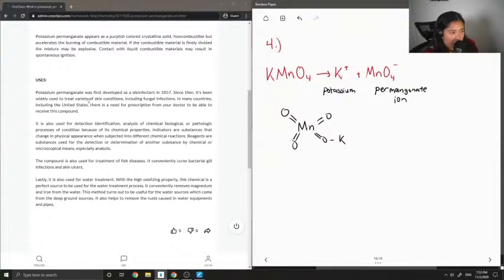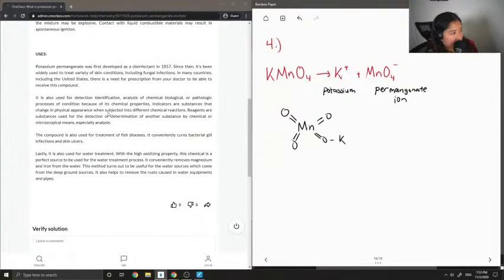It was first developed as a disinfectant. Then it was widely used to treat a variety of skin conditions, including fungal infections. It's useful for detection, identification, and analysis of chemical biology or pathologic processes because of its chemical properties. Indicators are substances that change in physical appearance when subjected to different chemical reactions.